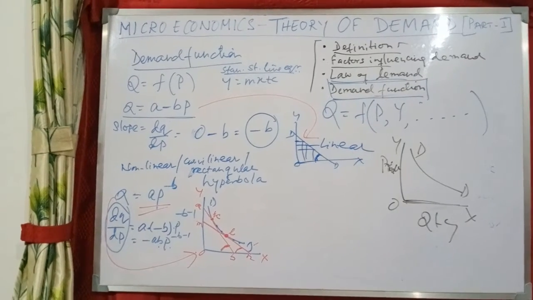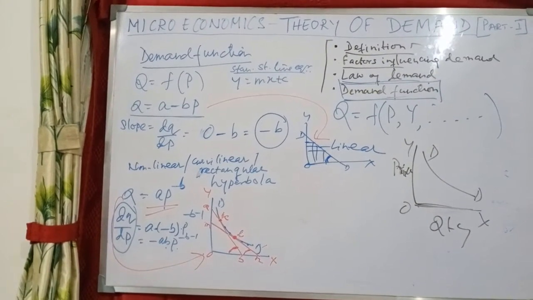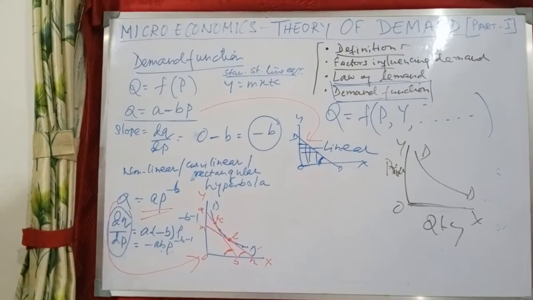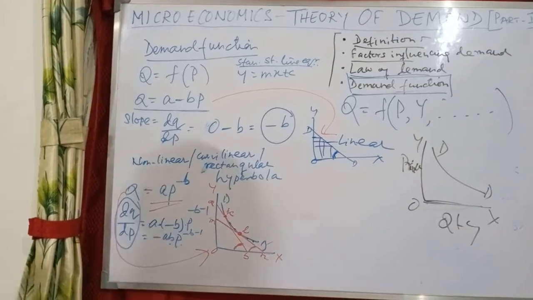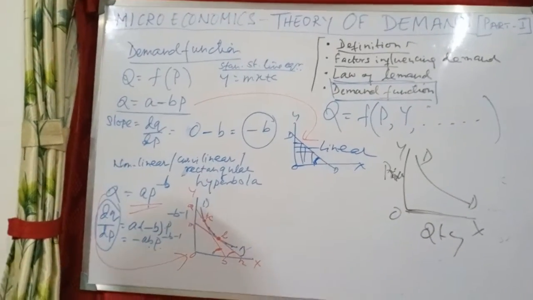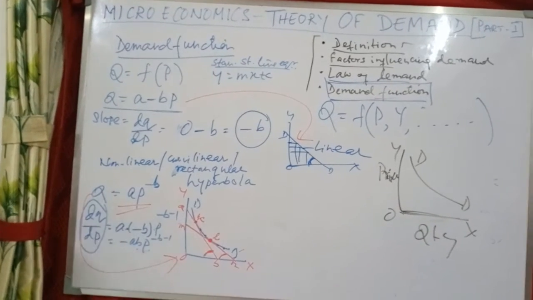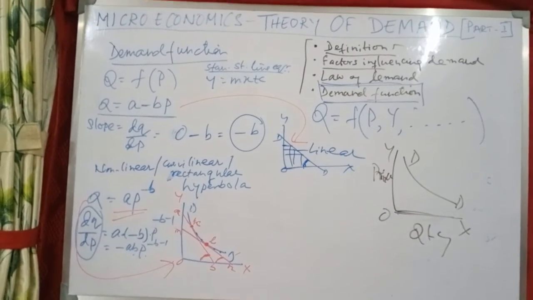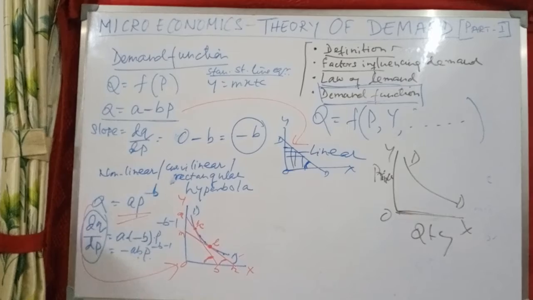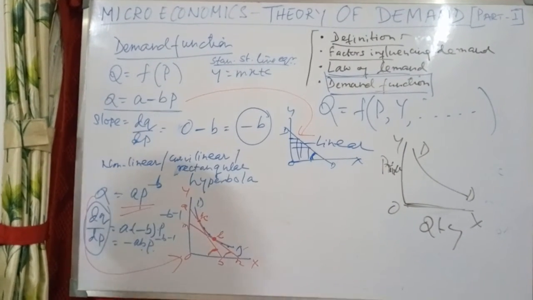Goods, the purchase of which cannot be postponed, say for example, medicine. A patient has to take the medicines irrespective of the prices of the medicine. Whether the price of the medicine falls or increases, that hardly makes any change in consumption of medicine by the patient.